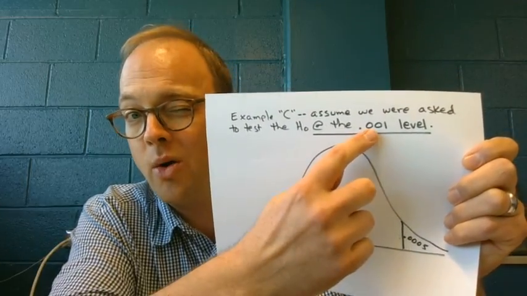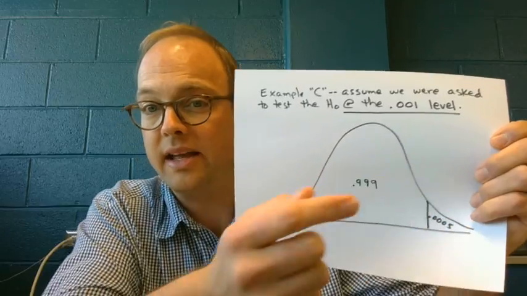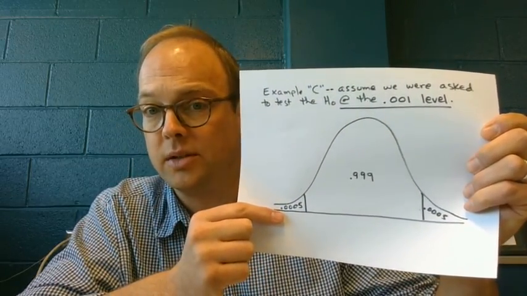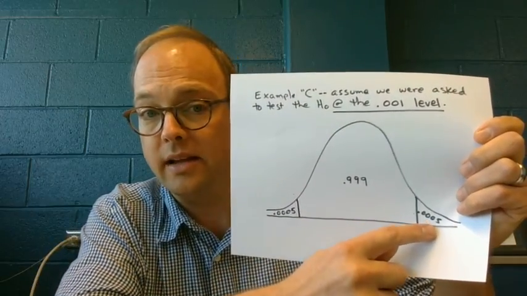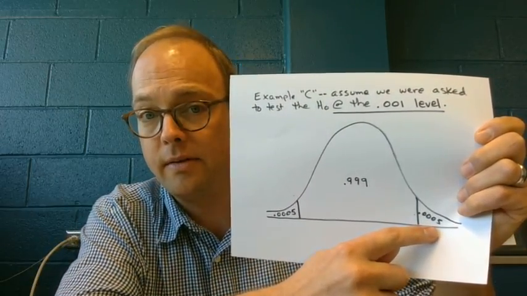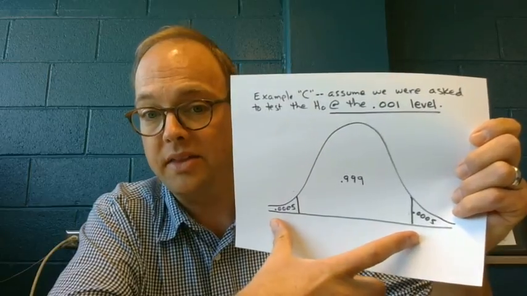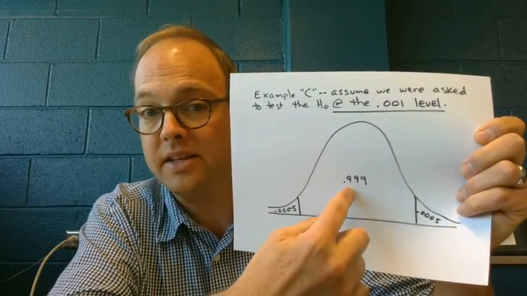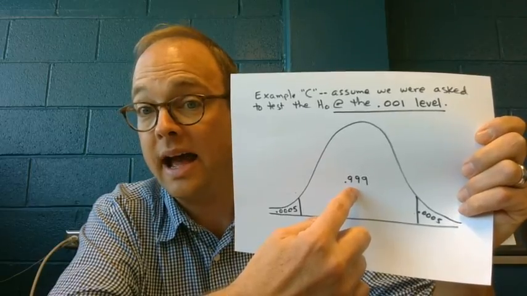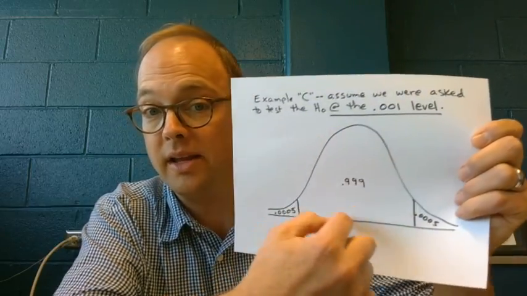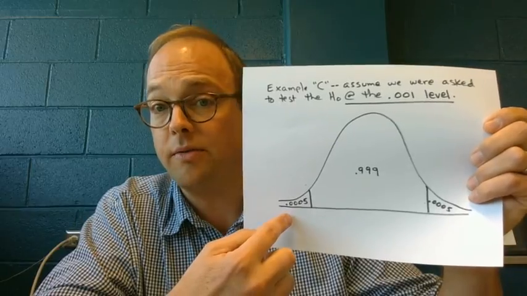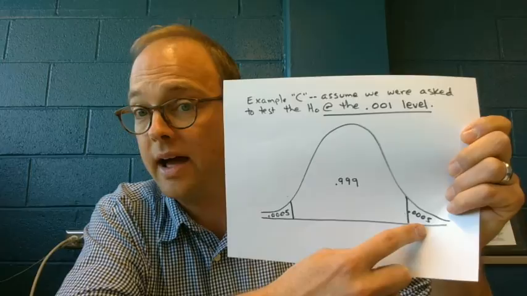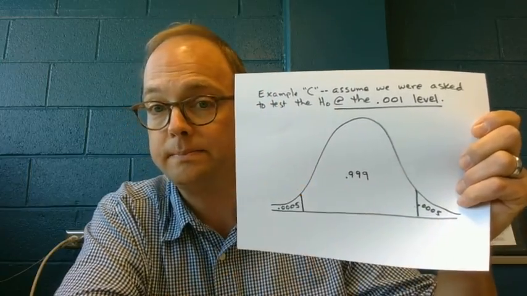So if it's at the 0.001 level and I'm splitting that area in half, this tail is 0.0005 and this tail is 0.0005. Since these tails together equal 0.001, the middle part has to be 0.999. 0.0005 plus 0.999 plus 0.0005 equals 1.